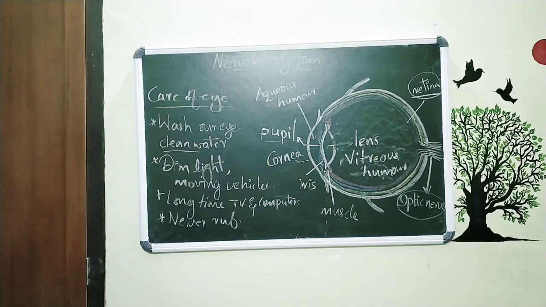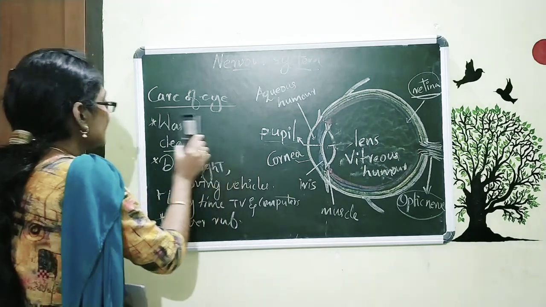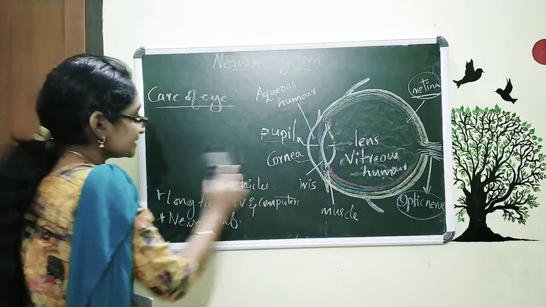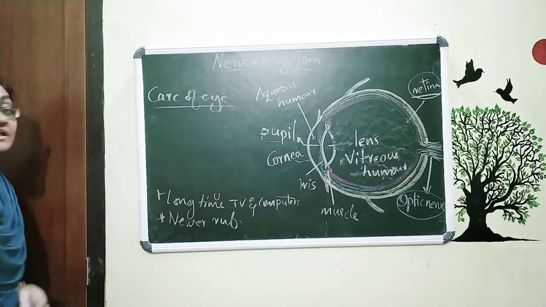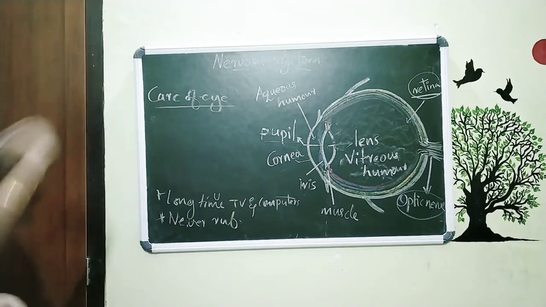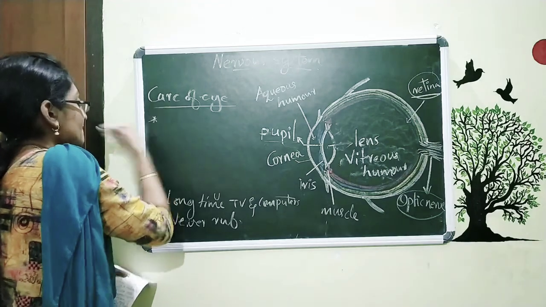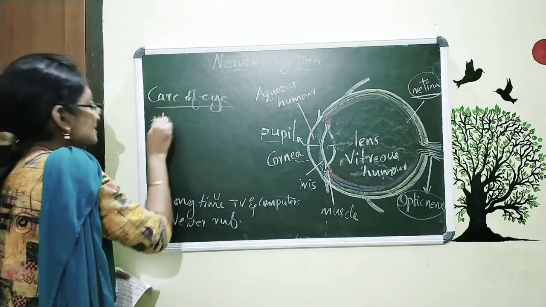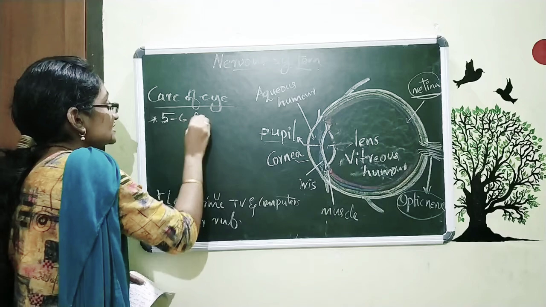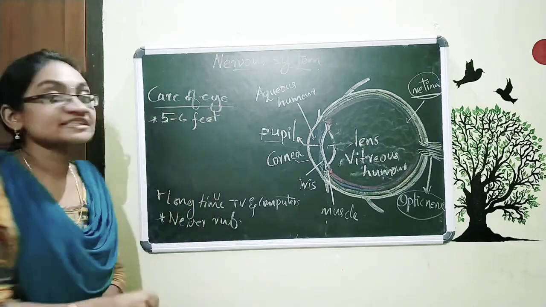And the next point is that when we are sitting and watching TV, we have to keep a particular distance from the television, 5 to 6 feet away.